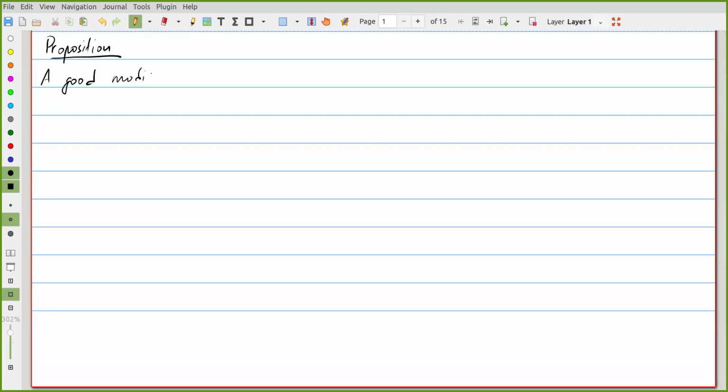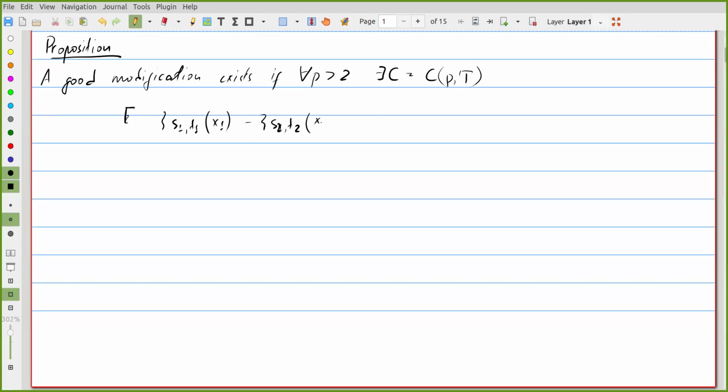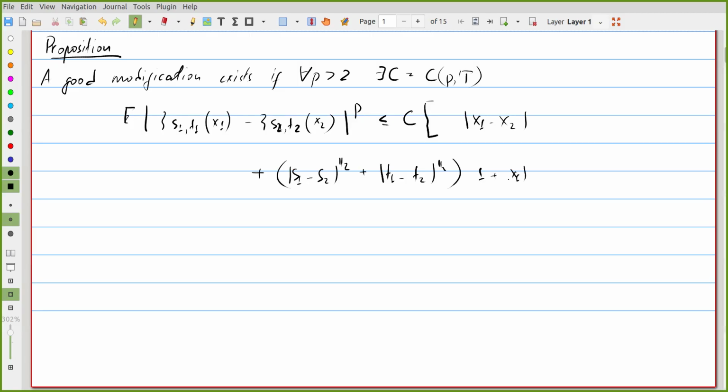A good modification we are interested in exists if for any p greater than 2 there is a constant C, depending on p and capital T, the terminal point of time, such that the expectation of the norm of psi_{s1,t1}(x1) minus psi_{s2,t2}(x2), to the power p, is less than C times the estimate: |x1 minus x2| to the power p plus the time part, times (1 plus |x1| plus |x2|), and everything to the power p.